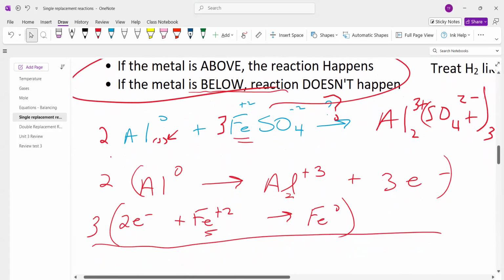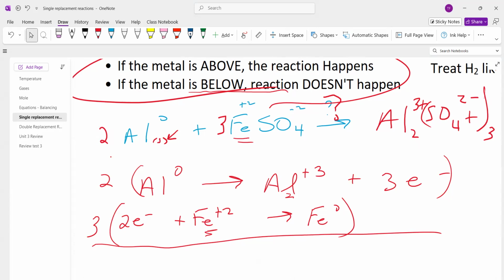Now you can't have a cation without an accompanying anion to go with it. No isolated charges are allowed in nature because of stability issues. Very, very unstable. So we always have an accompanying anion to go with the oxidized metal. So in this reaction here, the metal is aluminum.